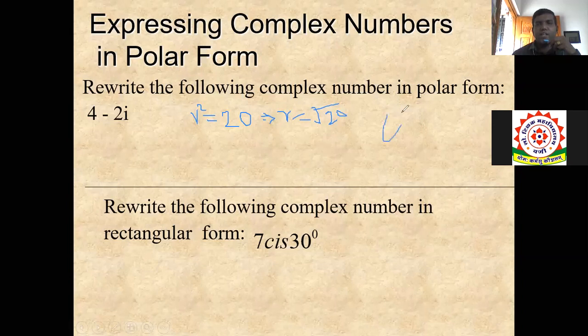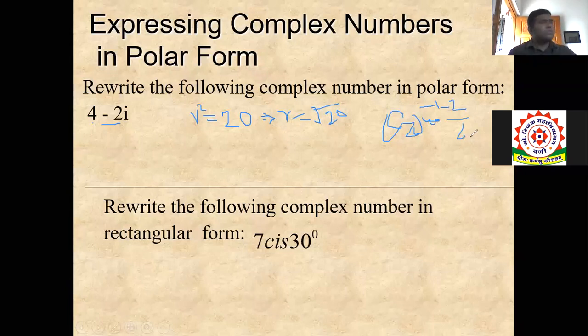Okay, and angle theta is tan inverse of y by x. y is minus 2 and x is 4, so minus 2 by 4, so that is minus half. What is tan inverse of minus half?